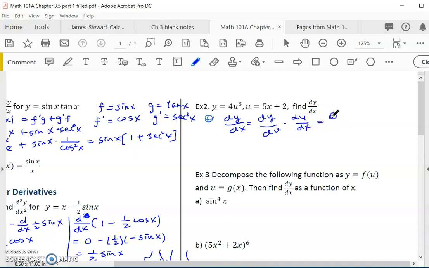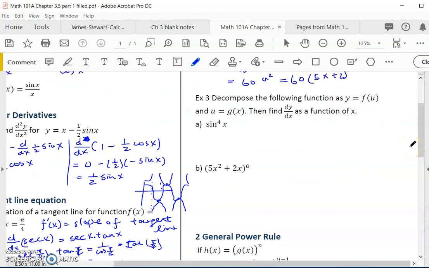So you do the derivative with respect to u of 4u cubed, times the derivative with respect to x of 5x plus 2. The first becomes 12u squared, times the second, which is just 5. If you multiply this, it will be 60u squared. But we are doing dy dx, so everything has to be in terms of x. We replace u with 5x plus 2, so it is 60 times (5x plus 2) squared, and that's the answer for dy dx.